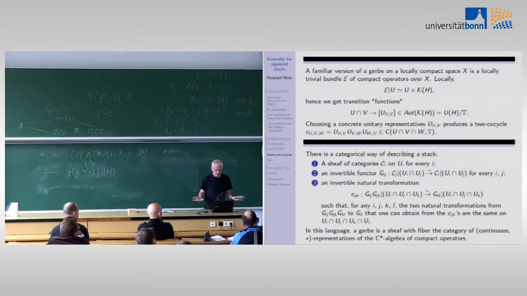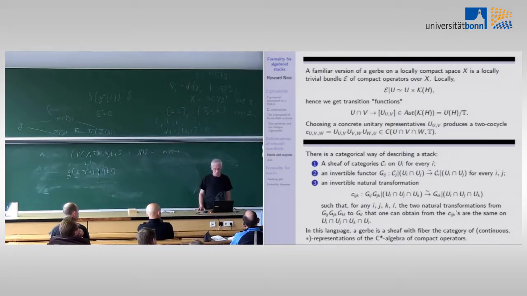Another, categorical way of saying the same thing is that for each open set, we have a sheaf of categories. On intersections, we have invertible functors, and on triple intersections natural transformations which satisfy the obvious compatibility condition.